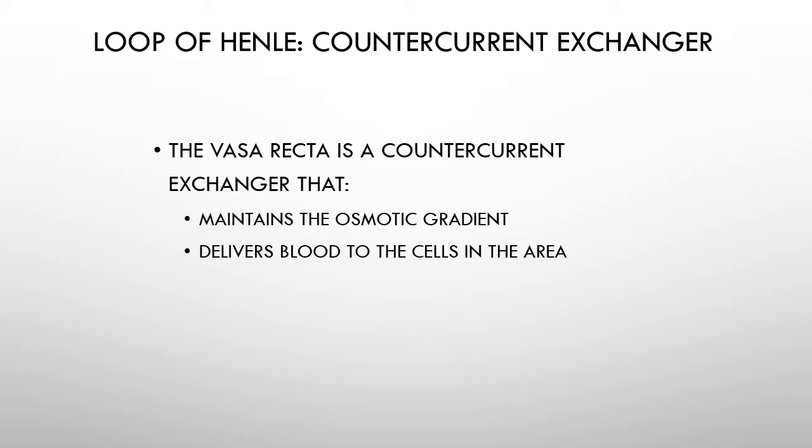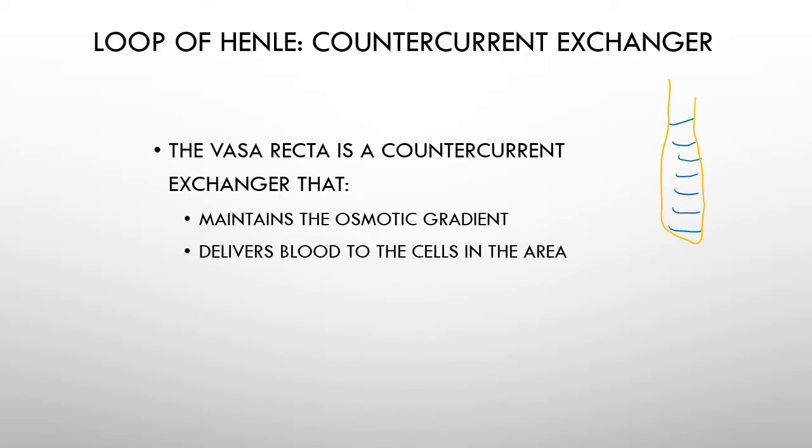So this vasa recta, this countercurrent mechanism, essentially creates those varying levels of concentration, so that we have different amounts of concentration all the way down through the loop of Henle itself, and we create a system of gradations all along the loop.